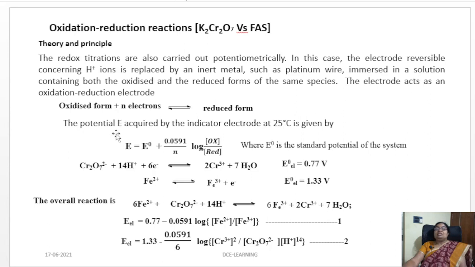The potential E developed at the indicator electrode at 25 degrees centigrade, you already know from the Nernst relationship. Using the standard electrode potential developed at the indicator electrode, you get the form of the relation by substituting.